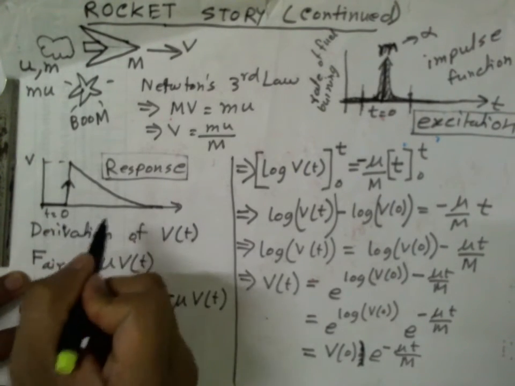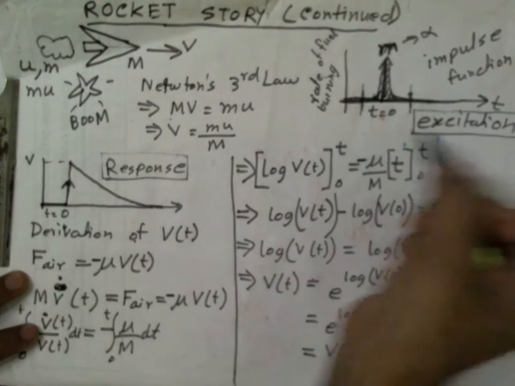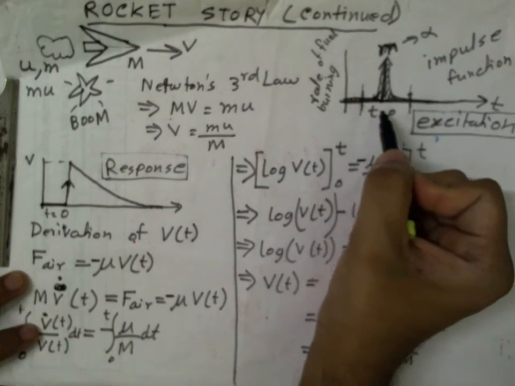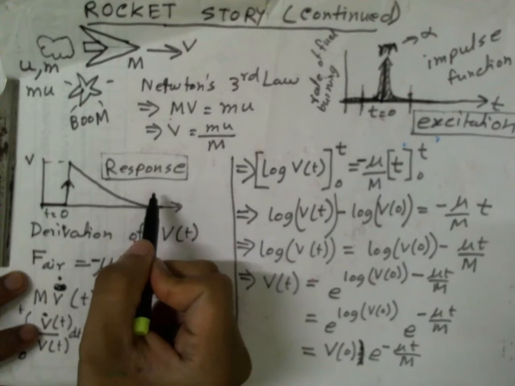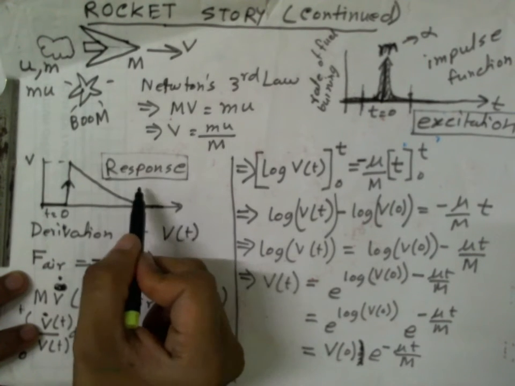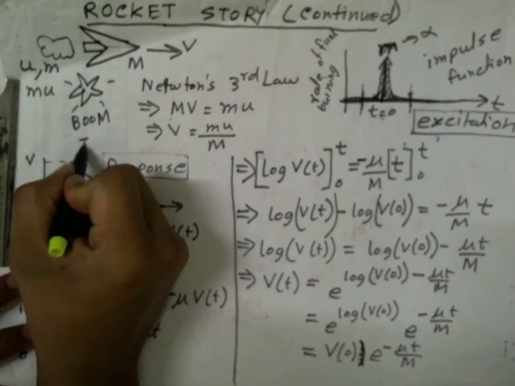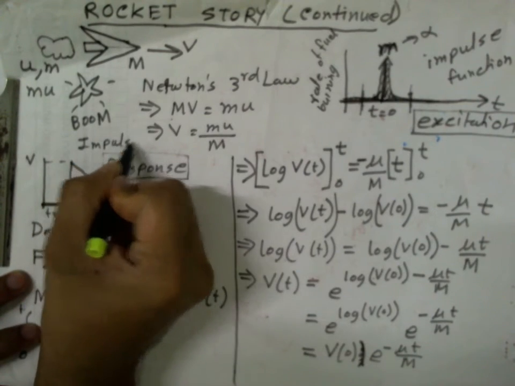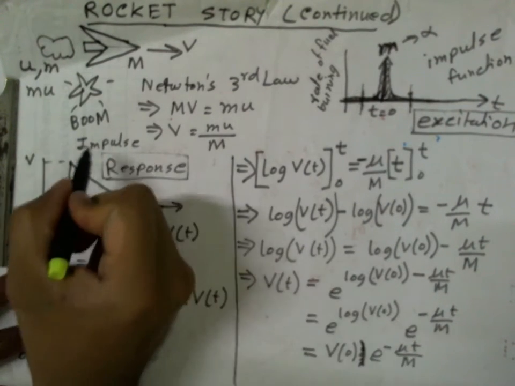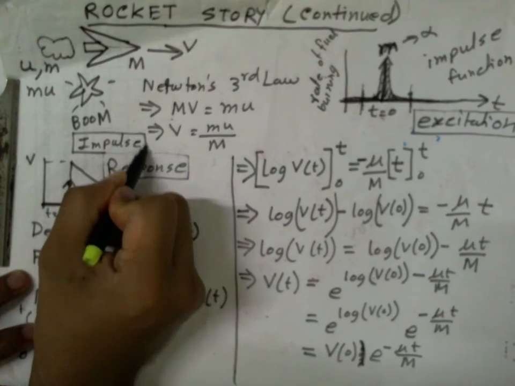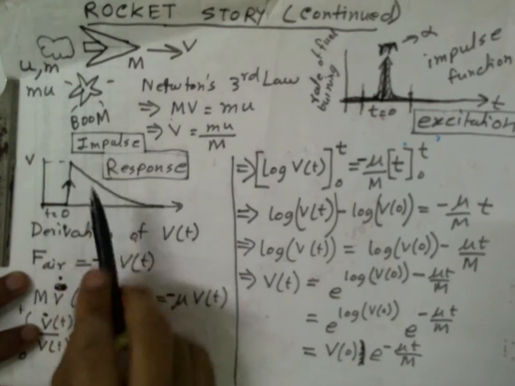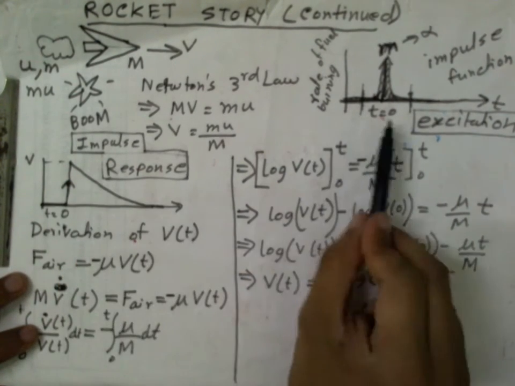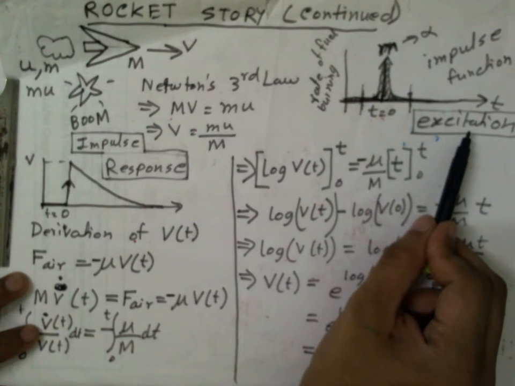This particular response, which is against this particular type of excitation, has a specific name. This is called an impulse response or impulse response function, because this is the response to an impulsive excitation, right?